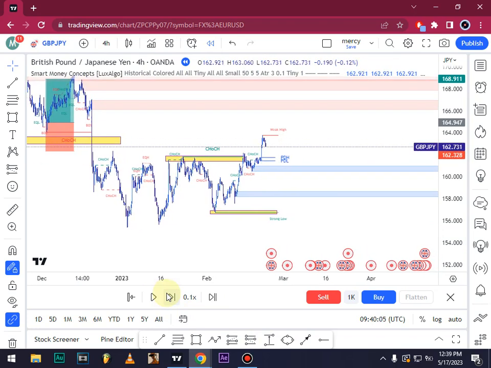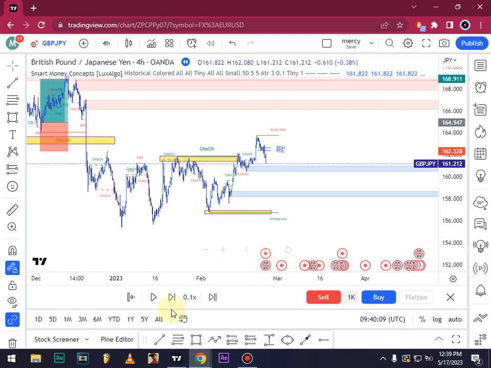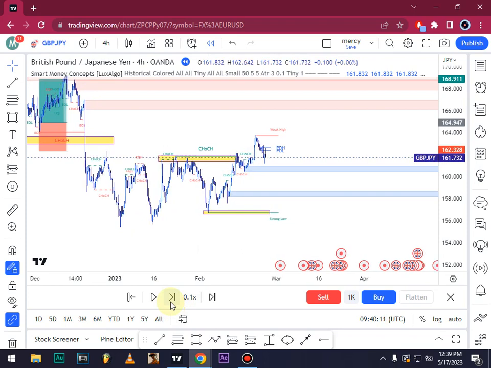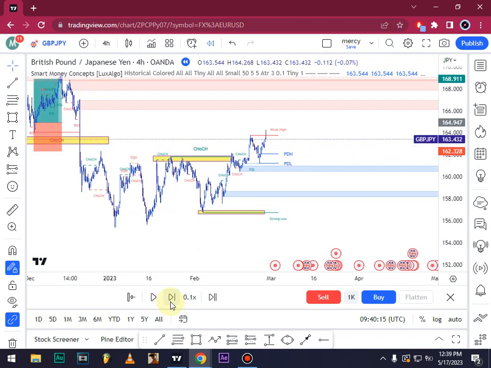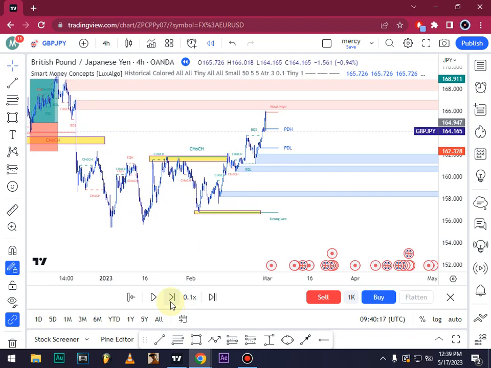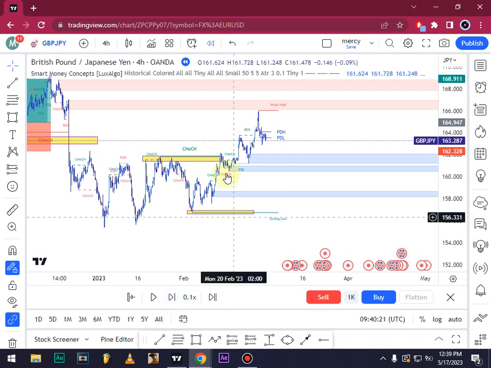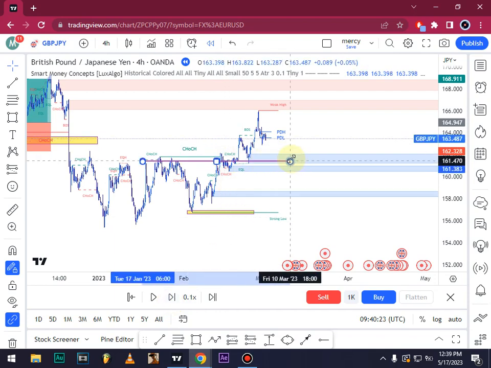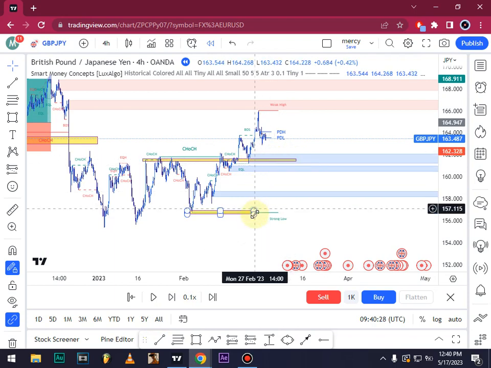Let's see if this zone is strong enough to hold price. Let's see if this will hold this market. If it will be strong, then we should be taking a buy here instead of waiting for this.